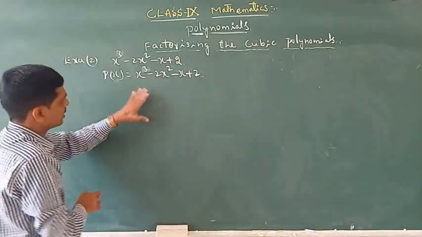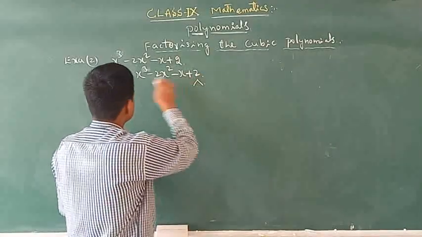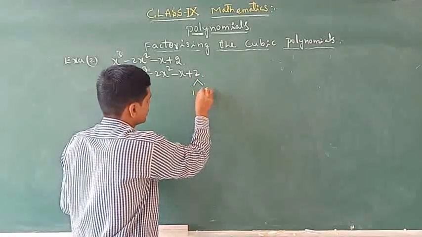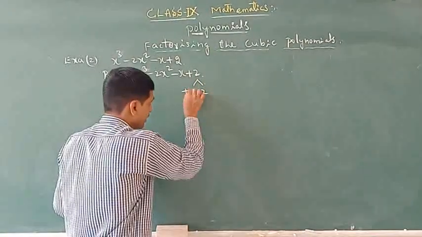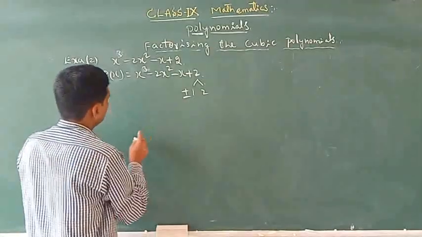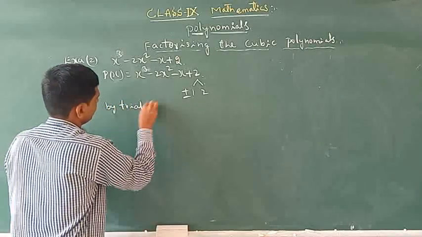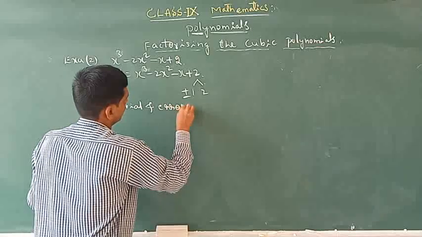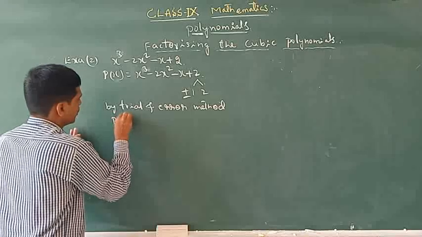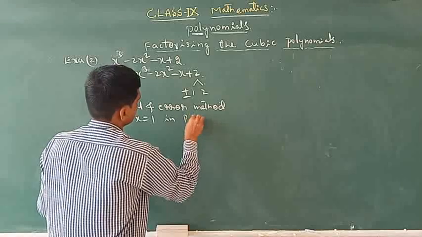Now in order to find the factors, first take the possible divisors. There is no other leading coefficient other than 1 here, and 1 into 2 becomes 2, so possible divisors are only 1 and 2, considering their signs, positive and negative. Now by trial and error method, put x equal to 1 in p of x.